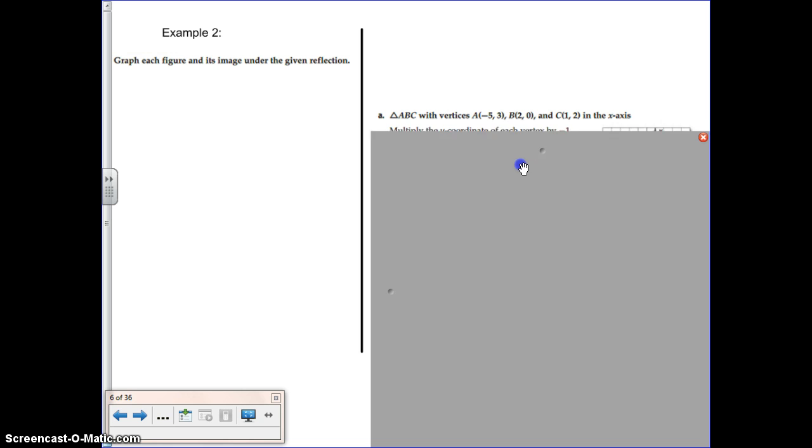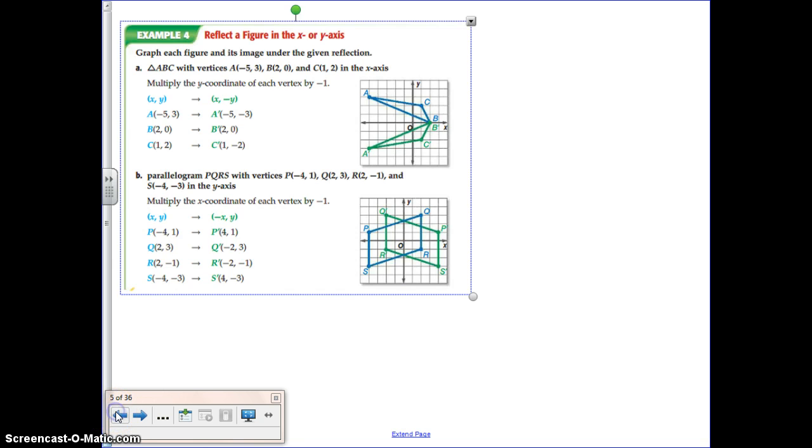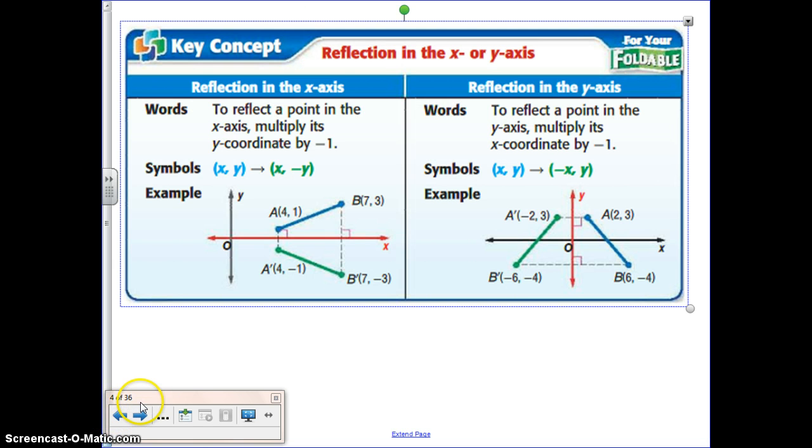All right, and our final example says to graph each figure and its image under the given reflection. So here's the figure, graph those points, and this time we're going to go over the x-axis. And when we go over the x-axis, remember, we're multiplying the y by -1.